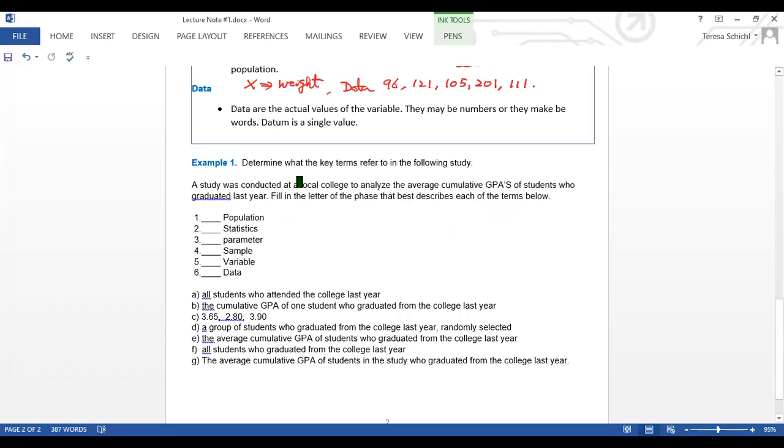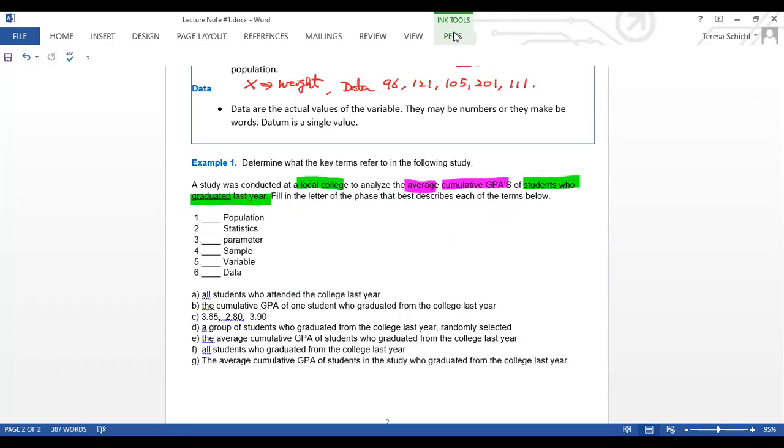So it's from the local college, for all the students who graduated last year. Now what are we trying to analyze here? We are trying to analyze the average cumulative GPA.